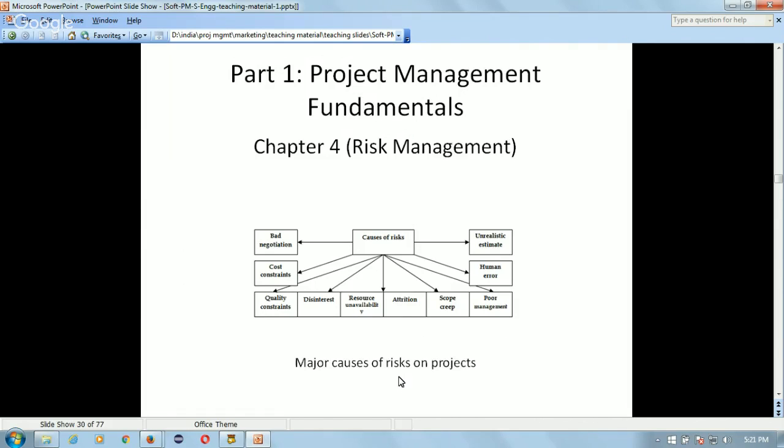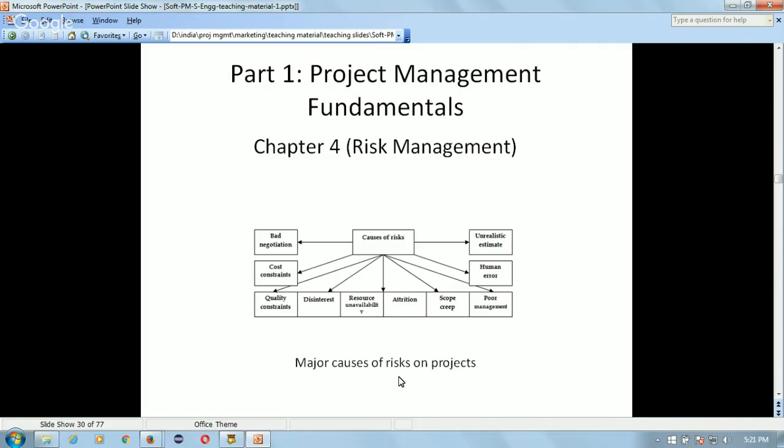Then quality constraints. Again, the quality level has not been achieved as per the desired level. So this is a risk, related to the quality of the software product.